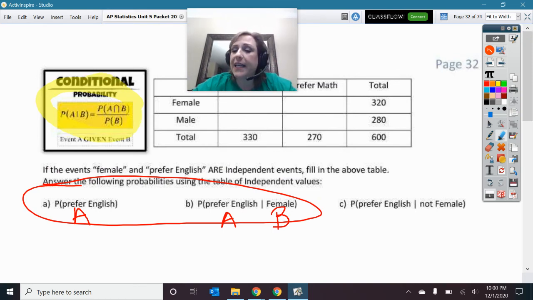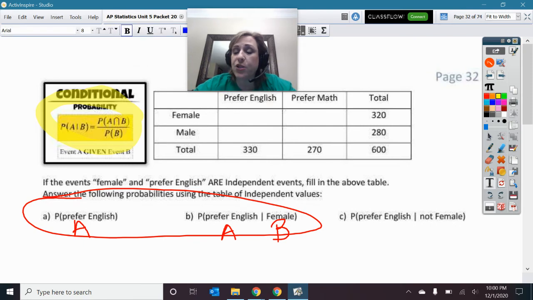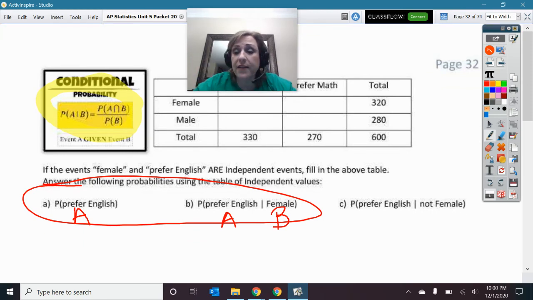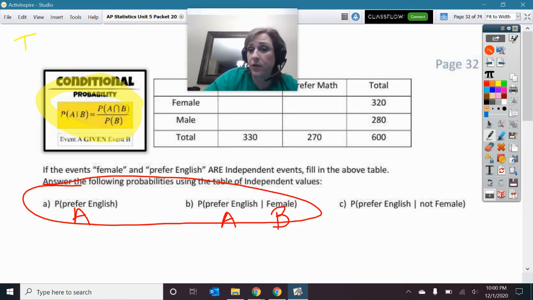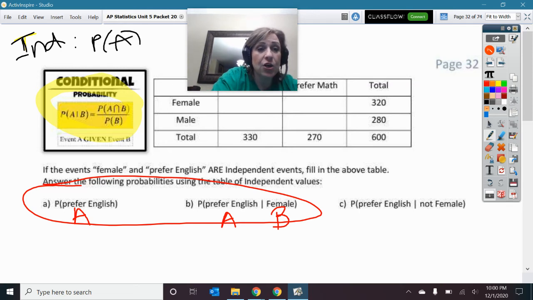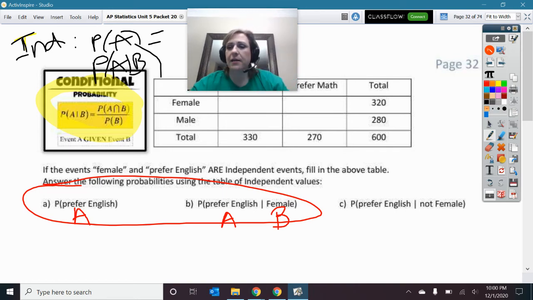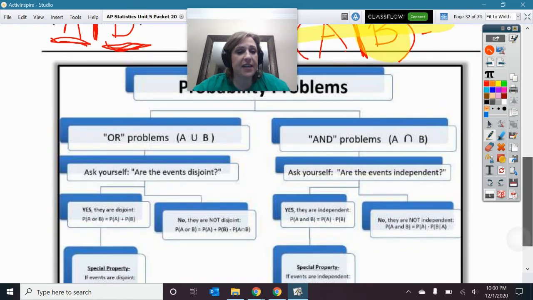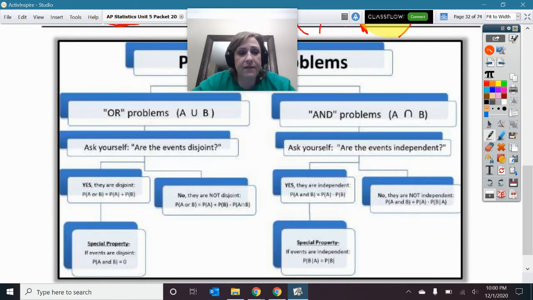When we do get our formula chart, one of the things we're going to write on there is an addition to independence, because there's some things we need to know that it doesn't include. And one of them is this: in order to be independent, this has to be the same.